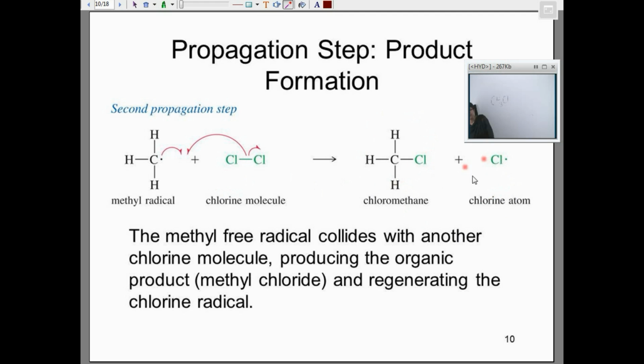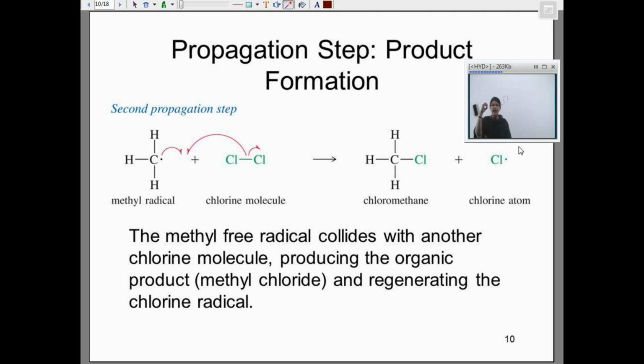Here is the radical. This chlorine atom takes one electron, brings its electron here, and a single bond is formed between this chlorine and the other atom, and this chlorine is left with one electron, which will again propagate a new chain reaction.